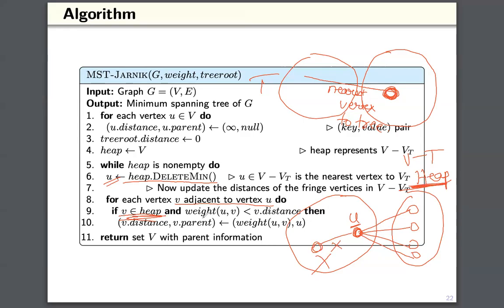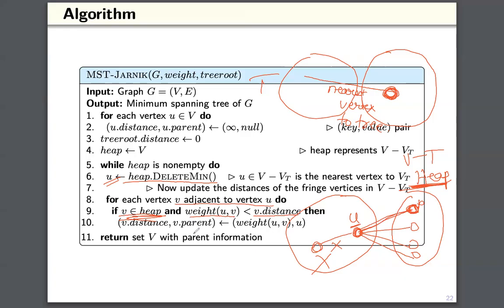It should be outside the tree, and this weight should be less than its previous weight. See, each node will have some previous weight, V dot distance. The updated weight should be less than the previous weight. Only then you will update it. The latest weight should be less than the previous weight.